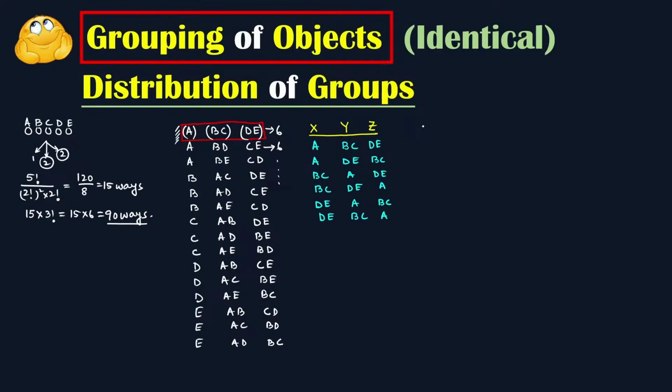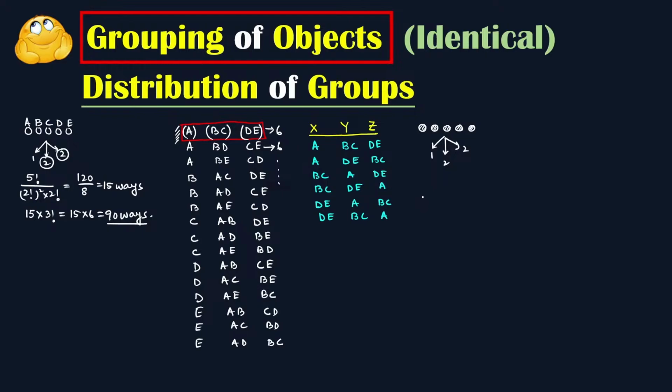Now, suppose we take 5 balls which are exactly the same, that is, they are identical, you cannot distinguish one from the other. Now if I ask you to form 3 groups which will have 1 ball, 2 balls and 2 balls, in how many different ways can you form these groups? Can you tell me?